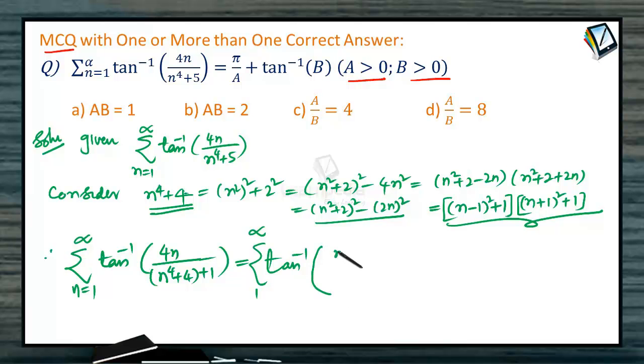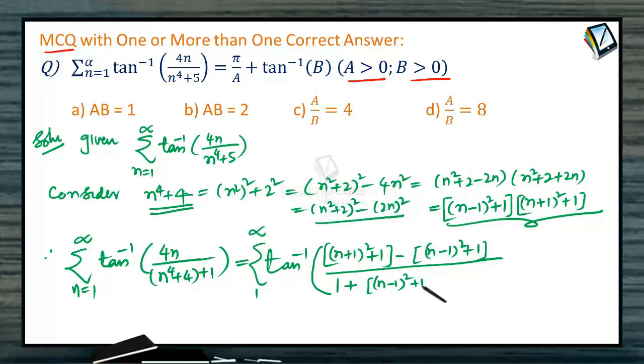This 4n can be written as n plus 1 square plus 1 minus n minus 1 whole square plus 1, divided by 1 plus the product, n minus 1 whole square plus 1 into n plus 1 whole square plus 1. This is a very important step. This 4n is replaced as the difference of these two. This 1 gets cancelled. N plus 1 square minus n minus 1 square, by a plus b whole square minus a minus b whole square is 4ab, here 4n. This 4n can be split in this way as the difference of these two terms, and this is 1 plus the product.